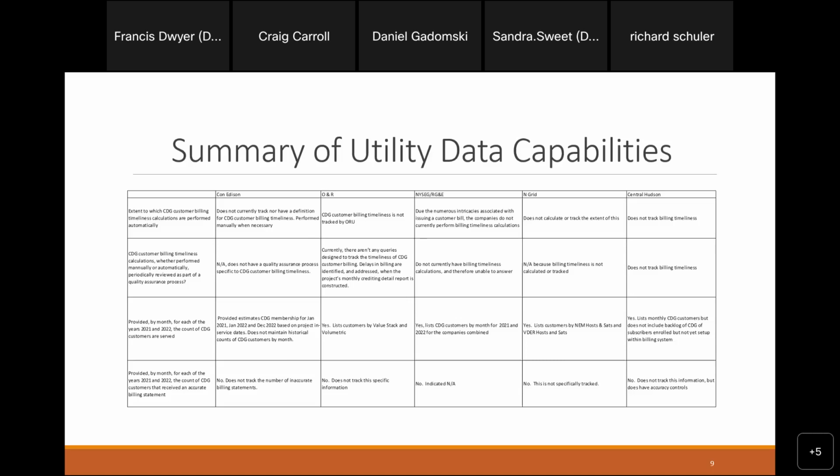And then the ones that did have a timeliness metric didn't have an extra specific quality assurance process for timeliness, but some of them did have other controls in place that were intended to ensure the accuracy of the metric.